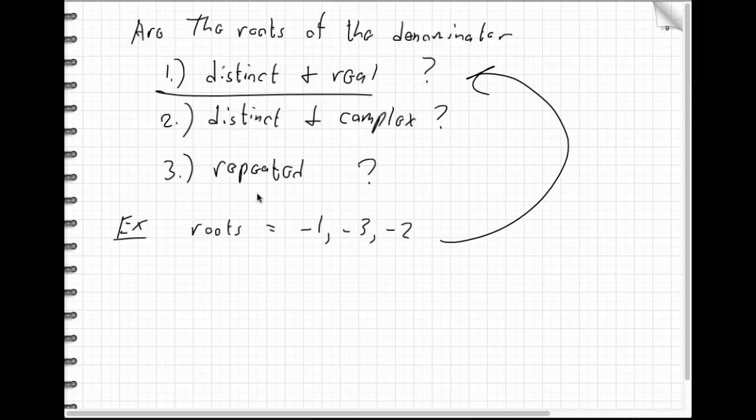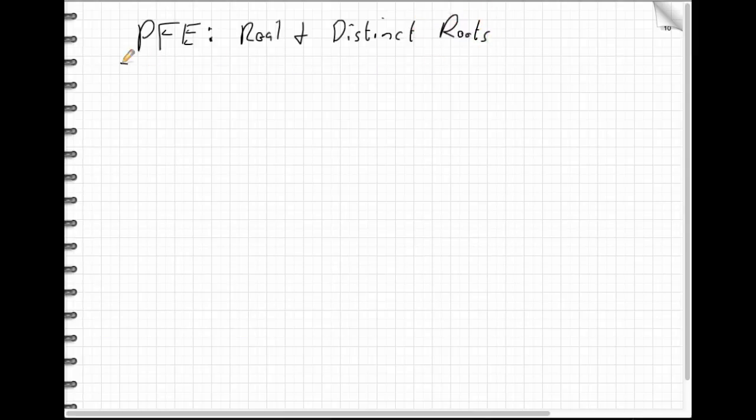Okay, so now that we know that they are distinct and real, let me just say: partial fraction expansion for real and distinct roots. That's the main topic we're going to talk about for the rest of this lecture. So it's simple. Let's say you have n roots that are real and distinct.